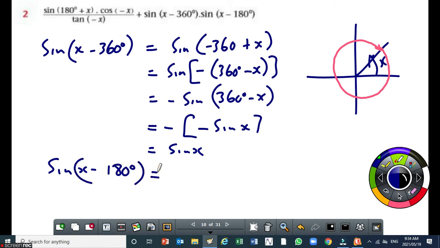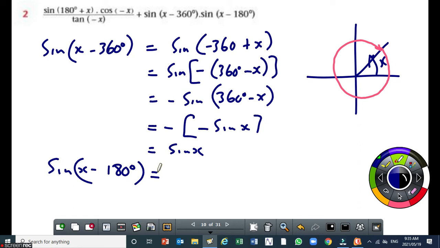This angle x here is in the first quadrant. You move 180 degrees in a clockwise direction and you end up in the third quadrant.